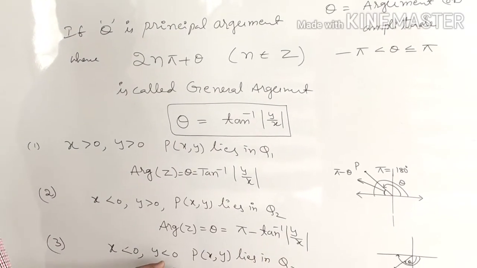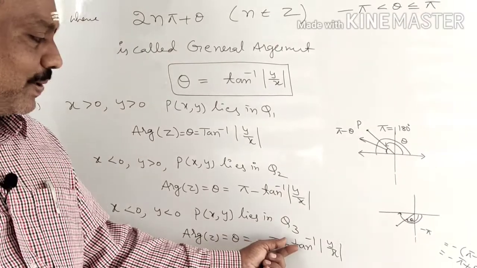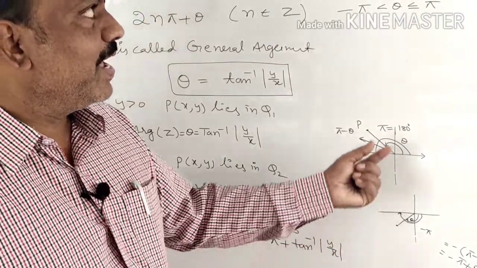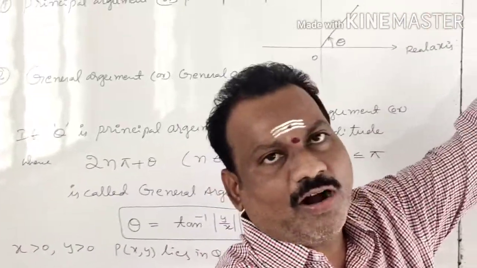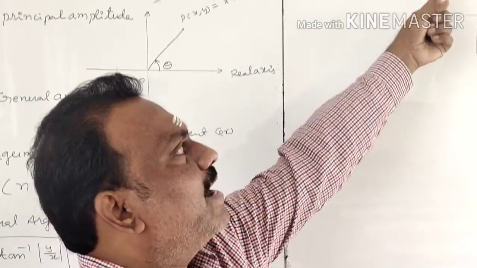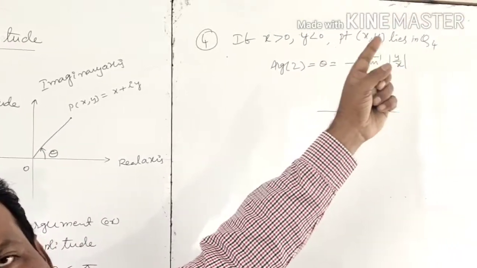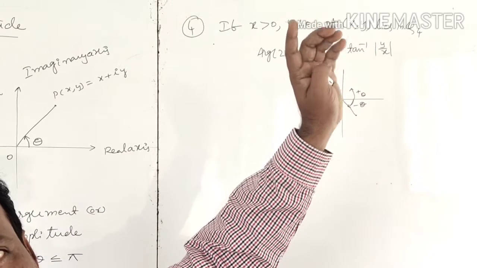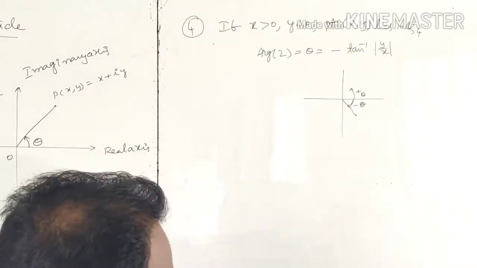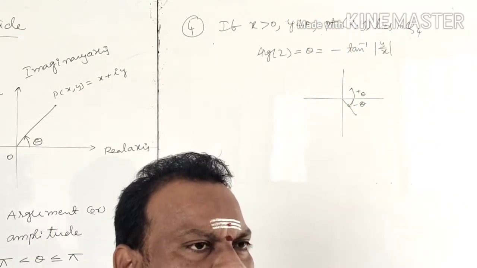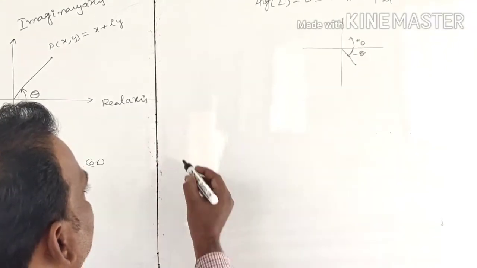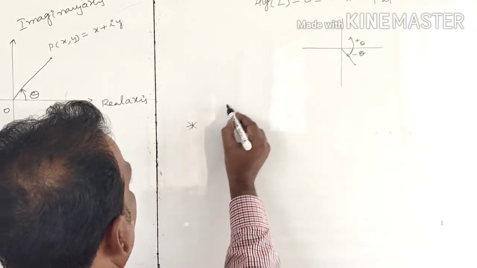In the third quadrant, it is minus pi plus tan inverse mod of y by x. If it is in the fourth quadrant, minus of tan inverse mod of y by x. Understood, students? Clear? Right. Now we have to see some properties of argument.